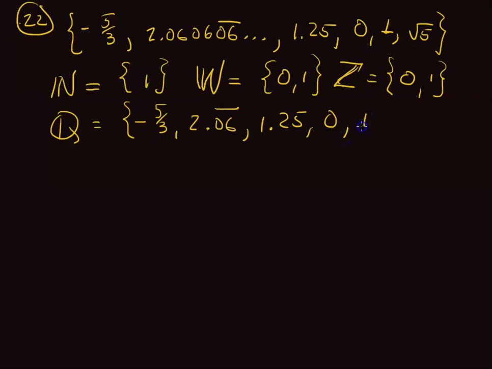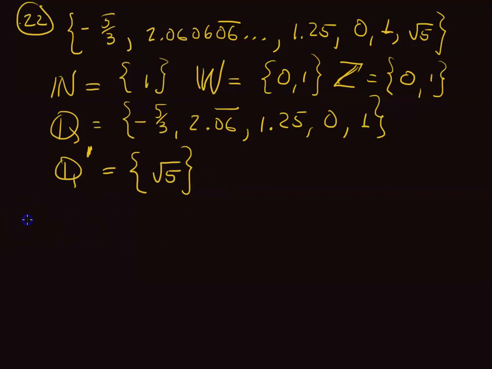So is 1, but square root of 5 is not. That's irrational. Which is the next set that they want to look at. Q prime is just this 1 square root of 5. Does this make sense? I hope.